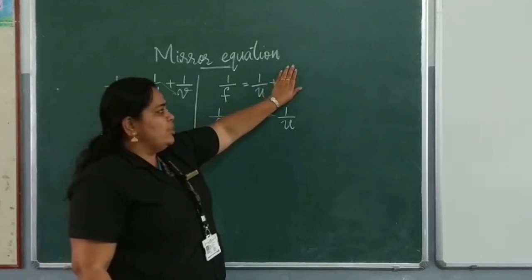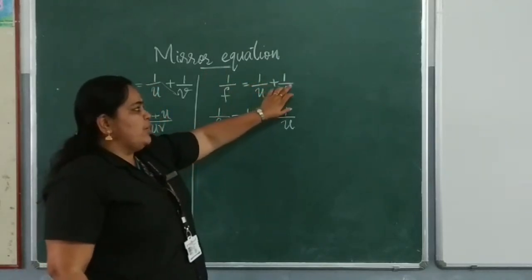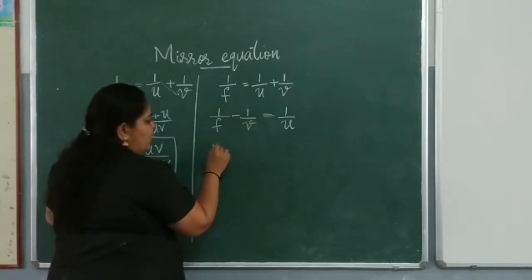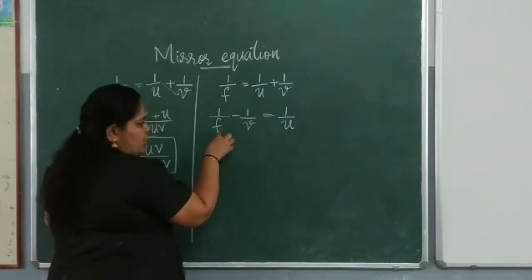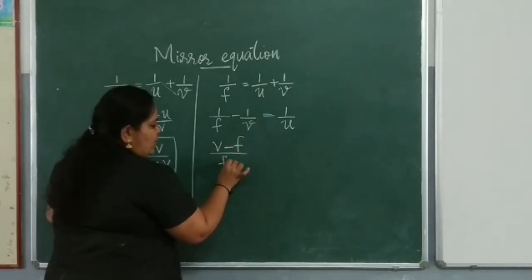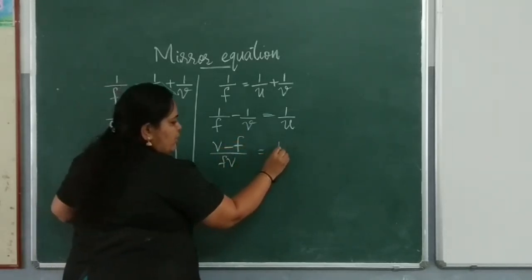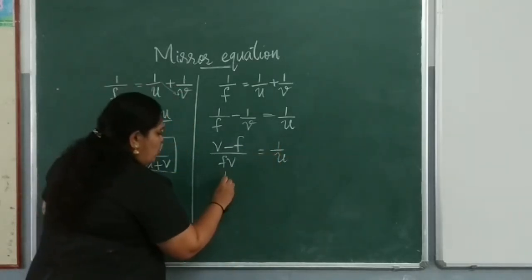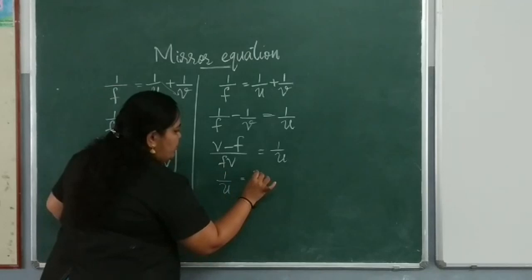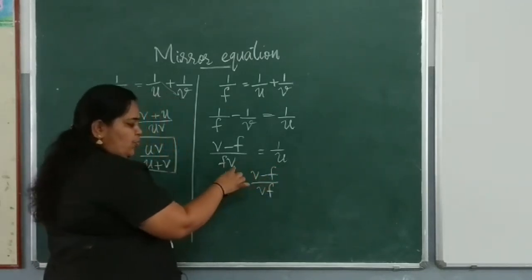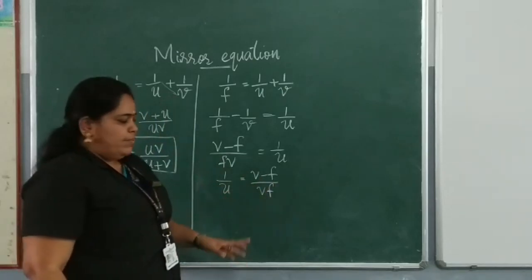സോ ഈ v യുടെ term നെ ഇങ്ങോട്ട് കൊണ്ടുവരാം. അപ്പോൾ plus 1 by v ഇങ്ങോട്ട് വരുമ്പോൾ minus 1 by v ആവും. Take the reciprocal. 1 into v, v minus 1 into f, f by fv. Isn't it? Is equal to 1 by u. So we can write 1 by u is equal to v minus f by vf. f into v and v into f is same, isn't it?